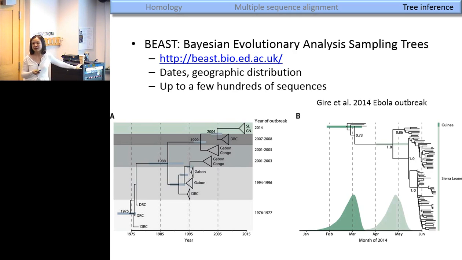That's your sampling time point, basically when you sequenced the sample you got. They each carry time point information. So BEAST is a nice tool to incorporate this additional information.